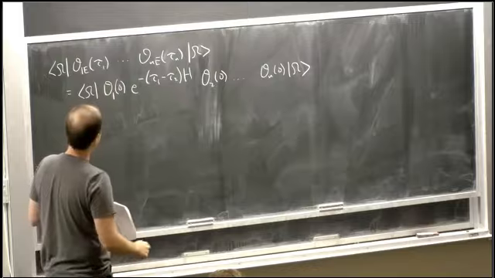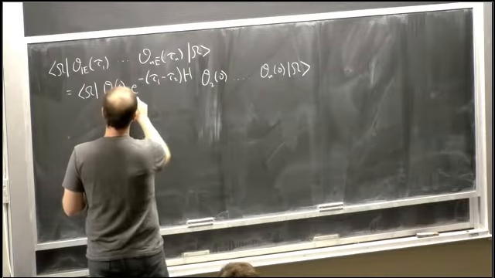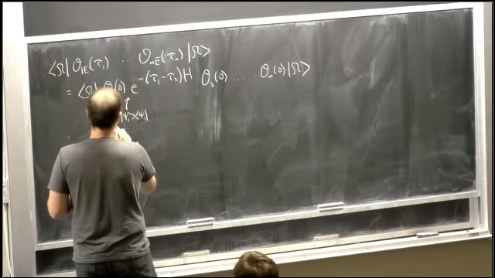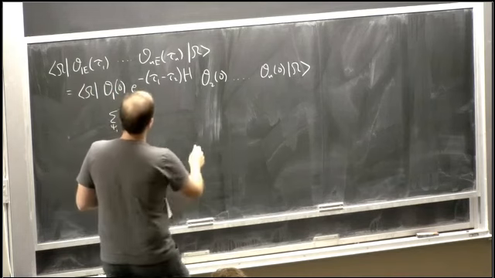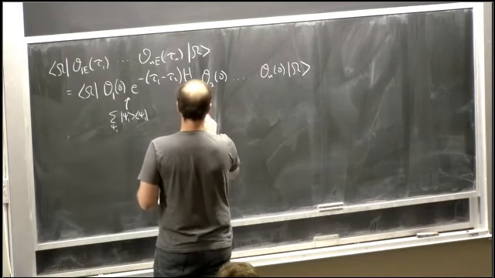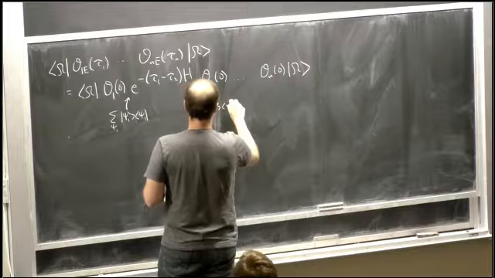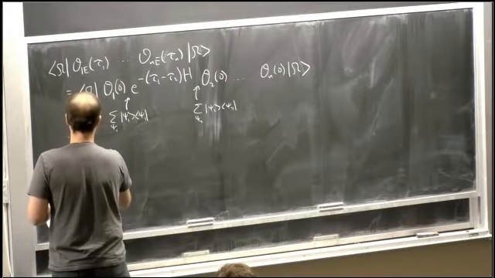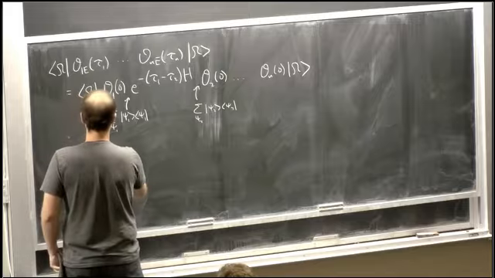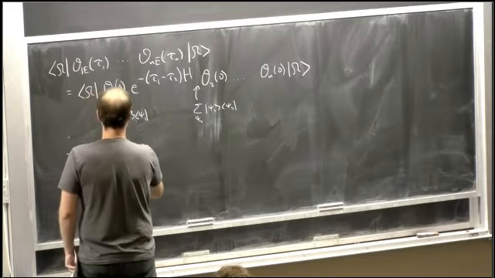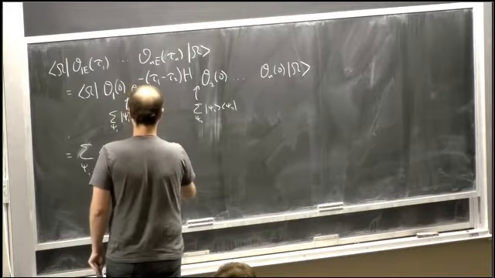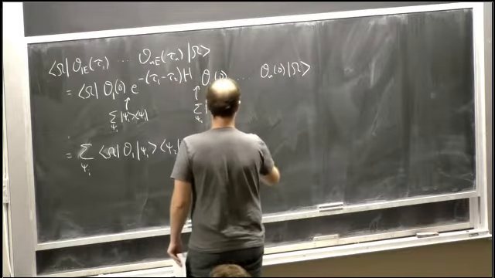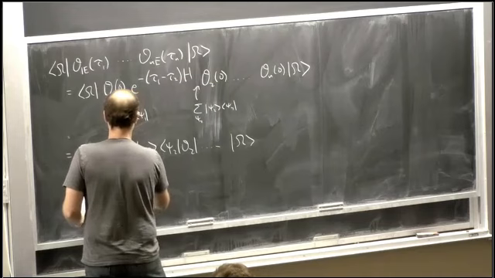If we like, we can be even more explicit and insert a complete set of energy eigenstates here. Then we get a sum over these energy eigenstates psi of some transition amplitudes times exponentials of the energy.